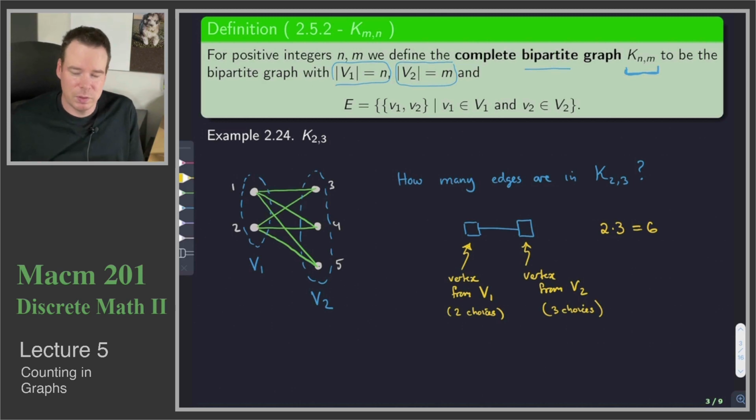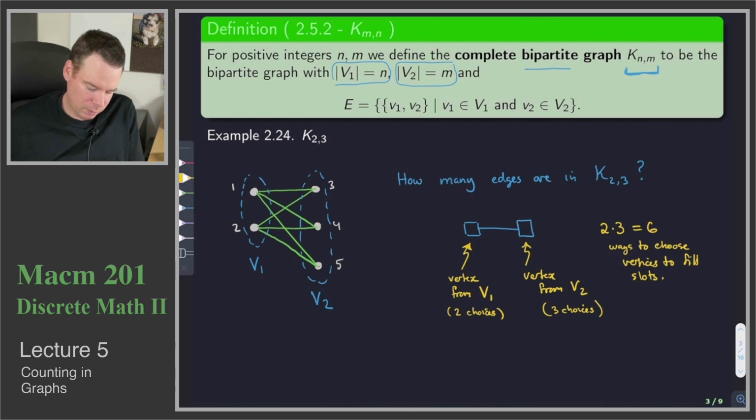It's got a vertex coming from V1, so I'll just make that the left vertex, and it's got a vertex coming from V2, which I've put on the right. And so it's got 2 times 3, or 6 ways to choose vertices to fill these slots.